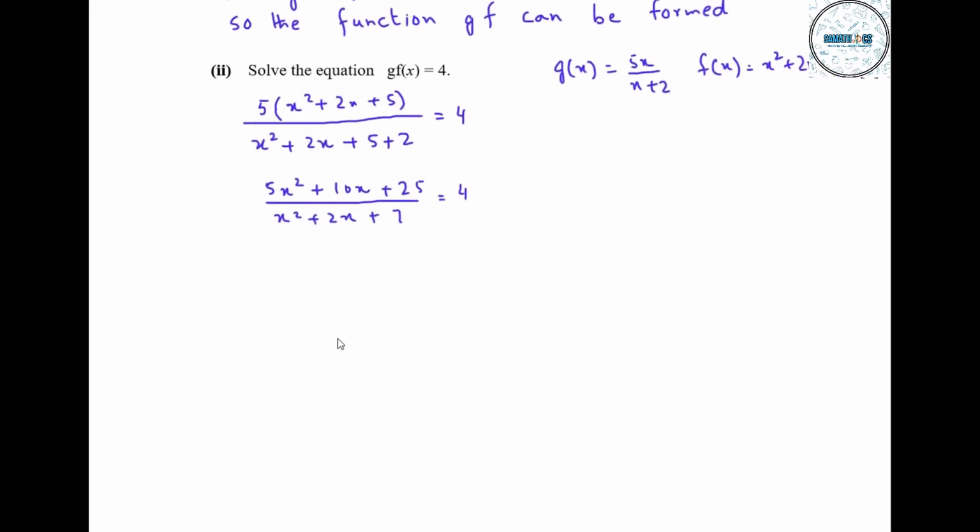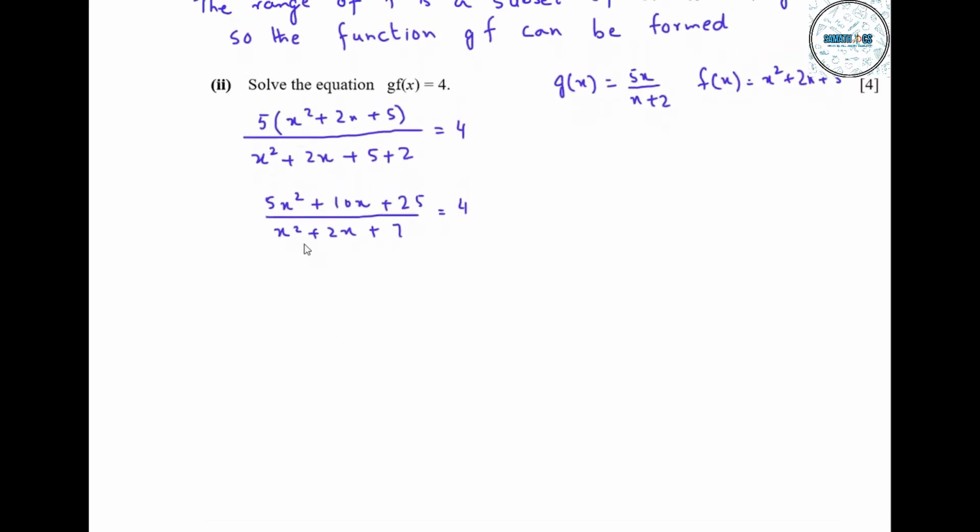We will do cross multiplication. 5x square plus 10x plus 25 is equal to 4 multiplied by this whole, so 4x square plus 8x plus 28.